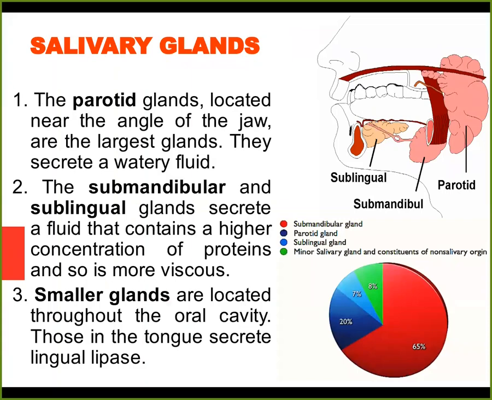For producing bolus, we need saliva, and saliva is produced by many glands in our oral cavity. We have three large salivary glands: the parotid gland, submandibular, and sublingual glands, which produce the main amount of saliva. The activity of these glands depends on food intake.